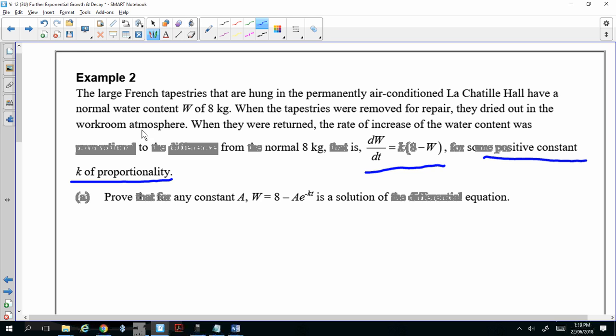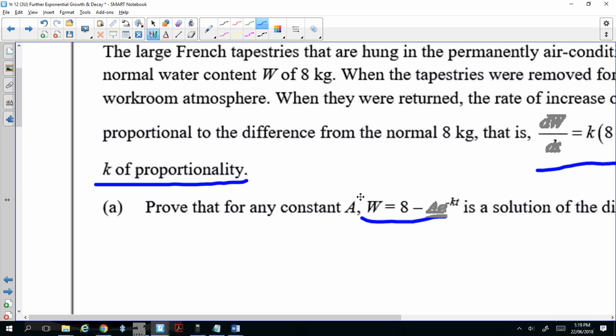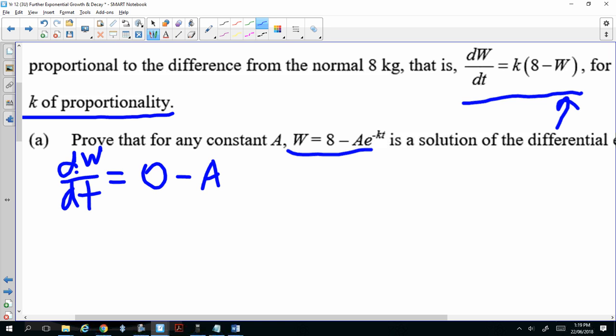Okay, so like what we did before, we just have to prove that it works. Let's try to do that. So let's do dW/dt equals 0 minus a times negative k e to the power negative kt, like that. And then you can see the negatives get cancelled. You get k a e to the power negative kt.